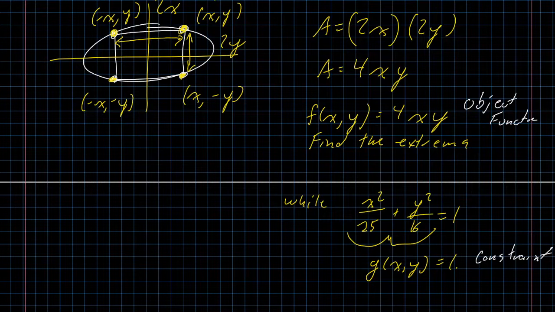Mathematically, this is something that we will always be able to do with our optimization problems. We can take our situation and turn it into an objective function, f of x and y equal to 4xy, and translate the situation into find the maximum or find the minimum value of this objective function, or find the points where the maximum and minimum occur, depending on the particulars of the problem in question.